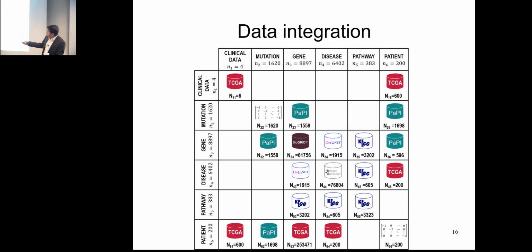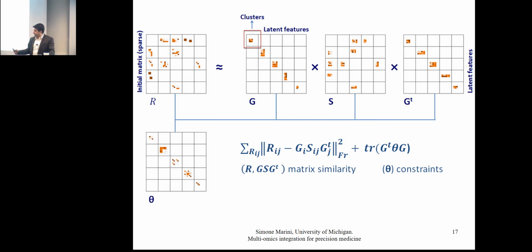Okay, now once we have this matrix put together, here is the proposed approach to integrate direct and indirect information and extract the latent features. So we go for matrix factorization, tri-factorization.